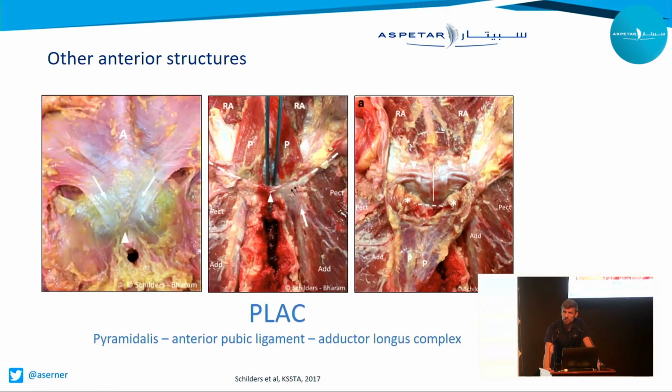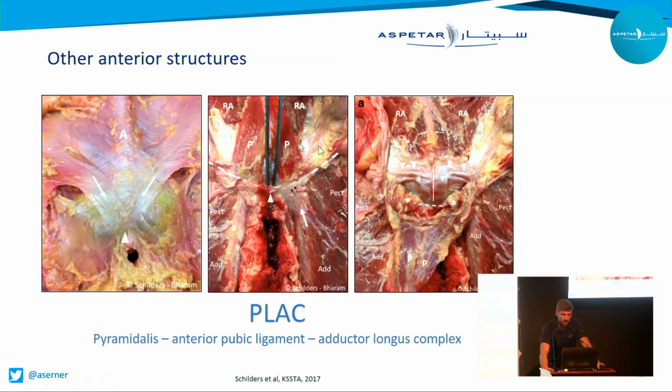There are other structures which cross the pubic symphysis. We have here on the left the external oblique coming in across here and having fibers that extend across, often anterior also on the adductor longus muscle. And we have here in the middle, you see this little muscle in front of the rectus abdominis, which is called the pyramidalis, a triangle muscle that sits in front here.